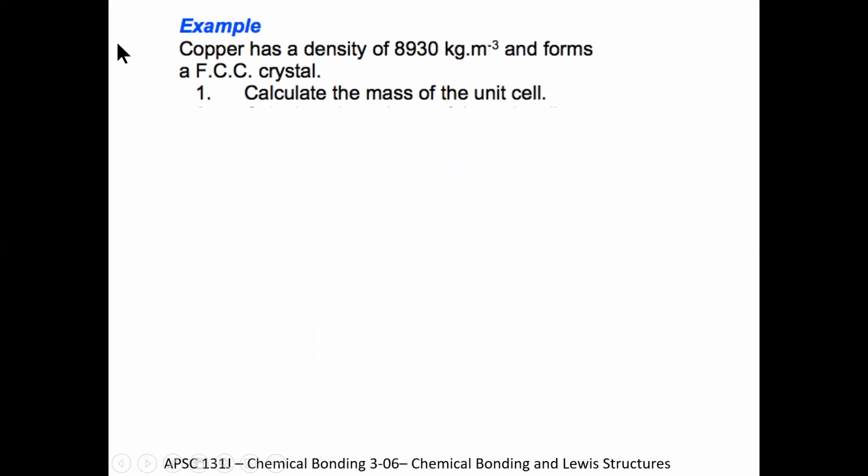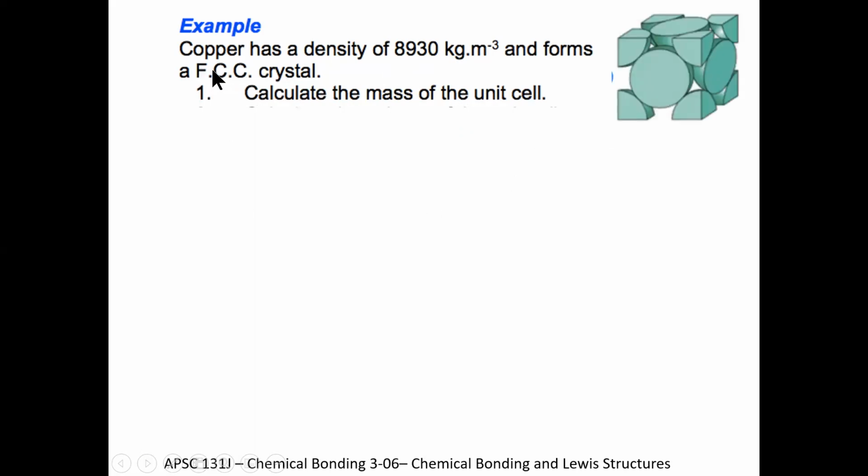So here's a typical problem that you could be asked to answer. This would be a type of question on your final exam. Copper has a density of 8,930 kilograms per cubic meter and forms a face-centered cubic crystal. Let's show how we calculate the mass of a unit cell of copper.